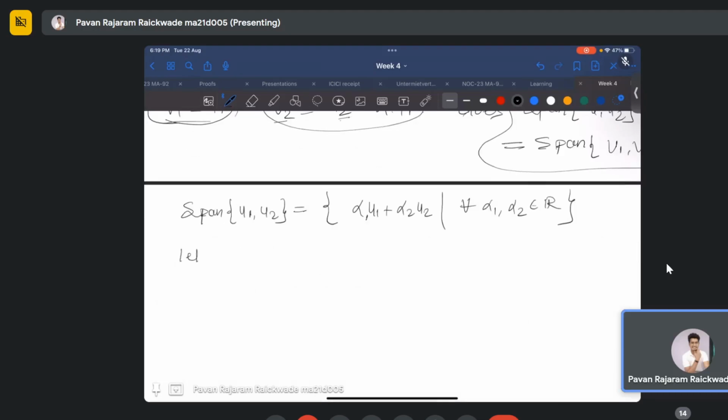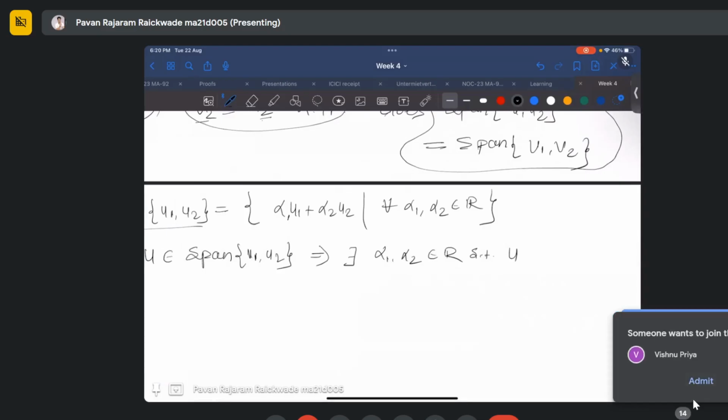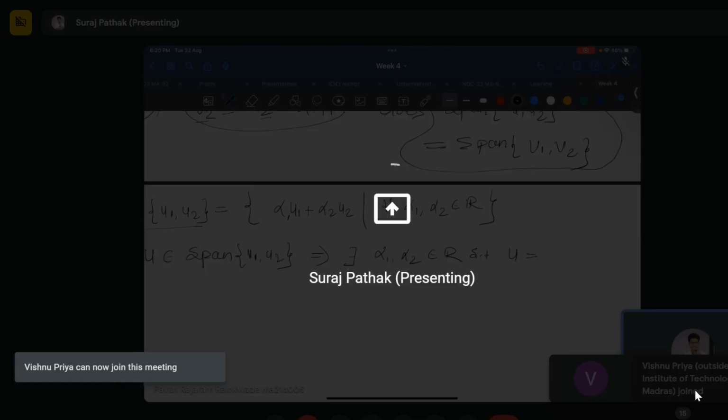Now let an element U belong to the span of U1, U2. That means there exist some alpha 1 and alpha 2 such that you can write this element U as alpha 1 U1 plus alpha 2 U2.